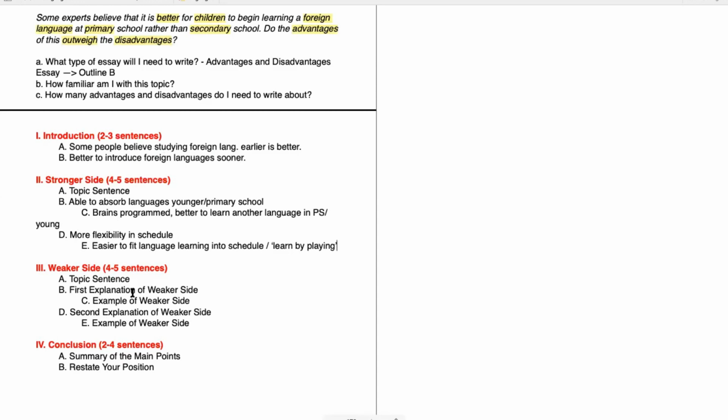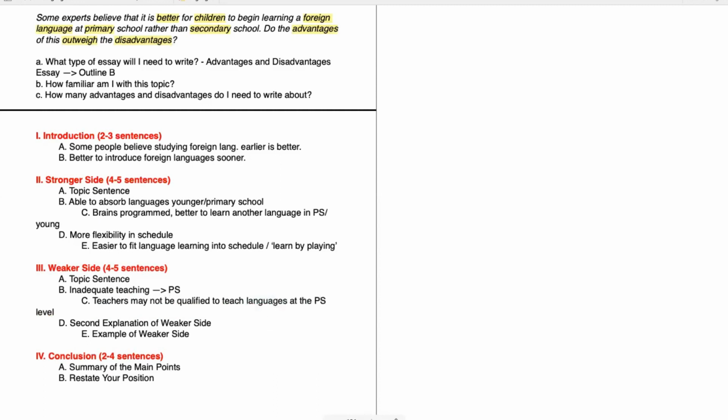So now for the weaker side, for my disadvantages, I'm going to call upon the first explanation of perhaps inadequate teaching. And I'm going to say that this could be present in primary schools. So as an example, I could say, teachers may not be qualified to teach languages at the primary school level. So perhaps they are more qualified to teach math and reading, spelling, basic subjects.